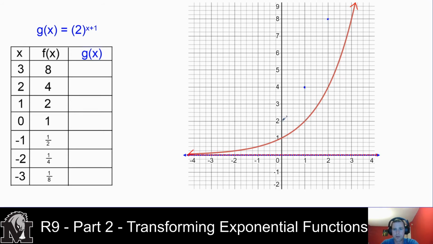This one at 1 goes over to 0. X value of 0 goes to negative 1. Negative 1 goes to negative 2. Negative 2 goes to negative 3. And negative 3 goes to negative 4. I'm not going to bother plotting that one. And we draw our smooth curve, smooth as we can make it, arrows on both ends.